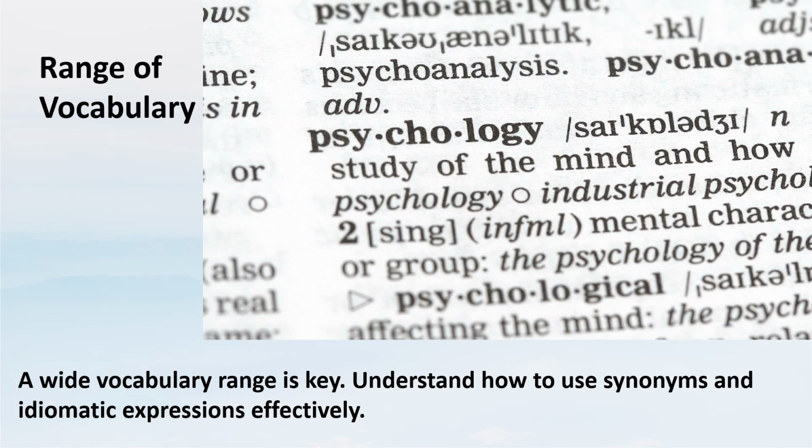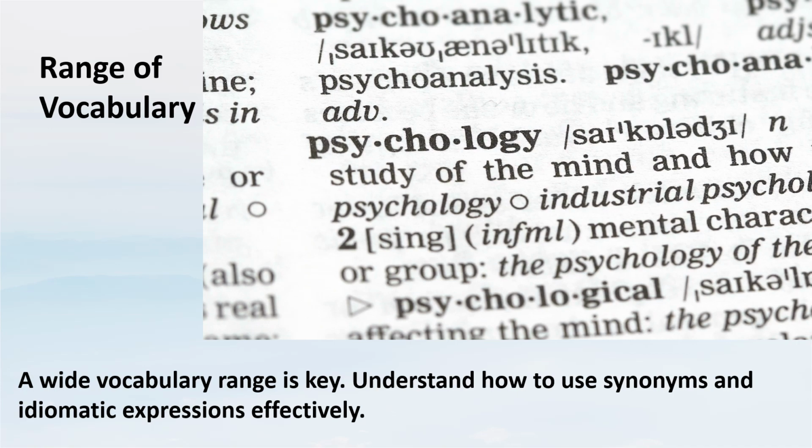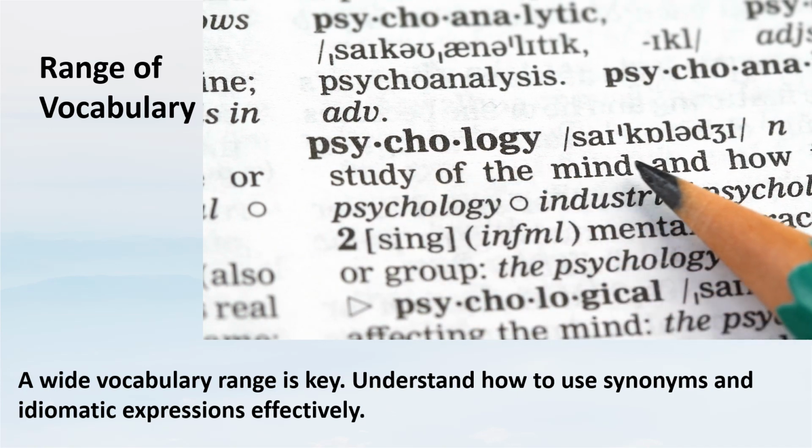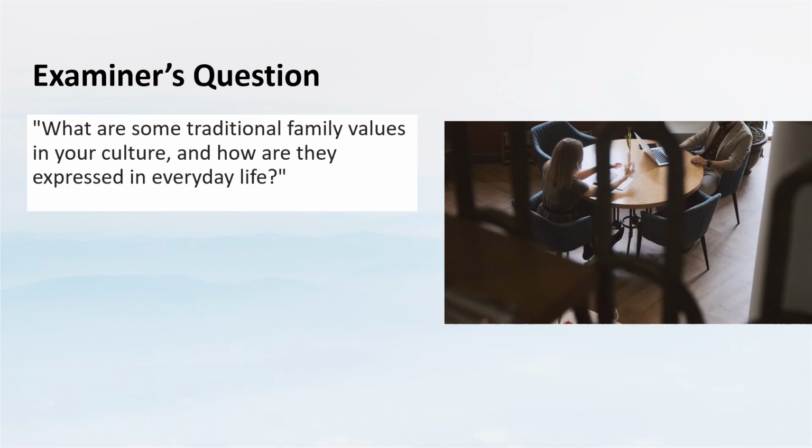A wide vocabulary range is key. Understand how to use synonyms and idiomatic expressions effectively. The examiner's question is, what are some traditional family values in your culture, and how are they expressed in everyday life?